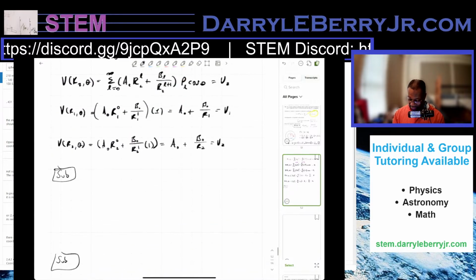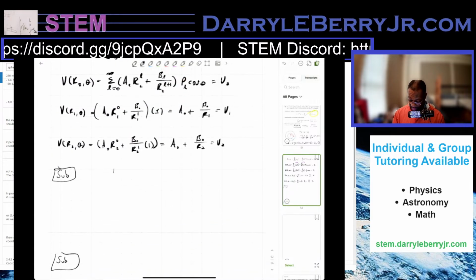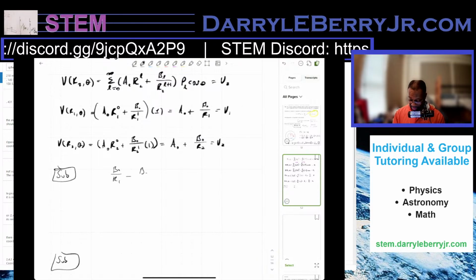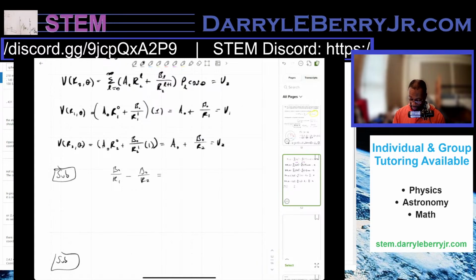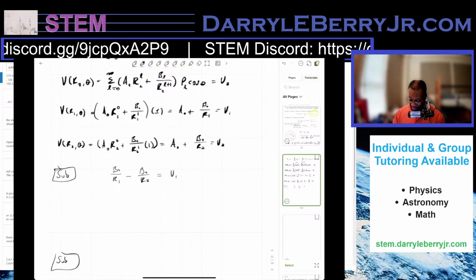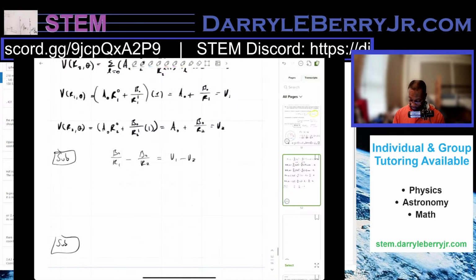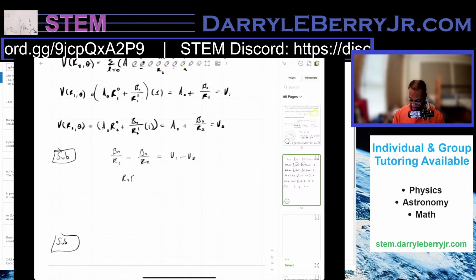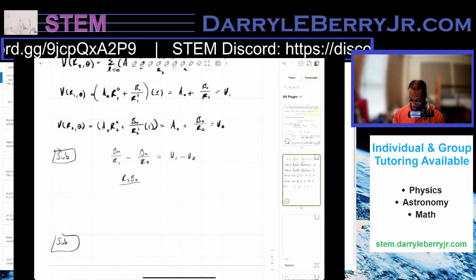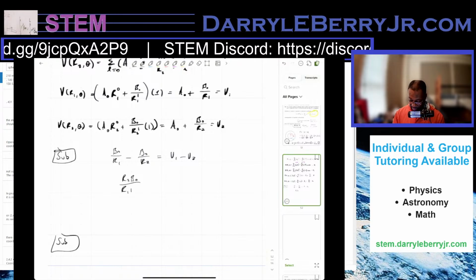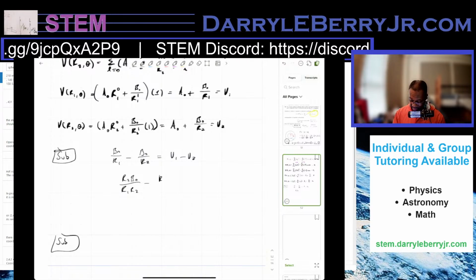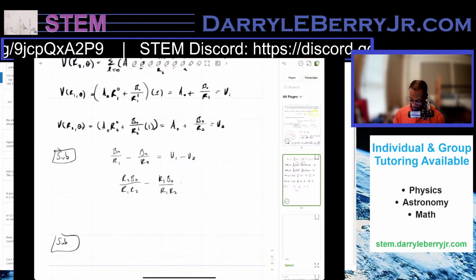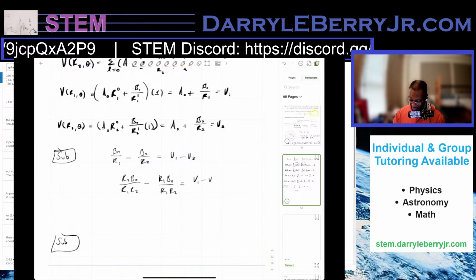So if we subtract these two, we have B naught over R1 minus B naught over R2 equals V1 minus V2. So then we have R2 B naught over R1 R2 minus R1 B naught over R1 R2 that equals V1 minus V2.